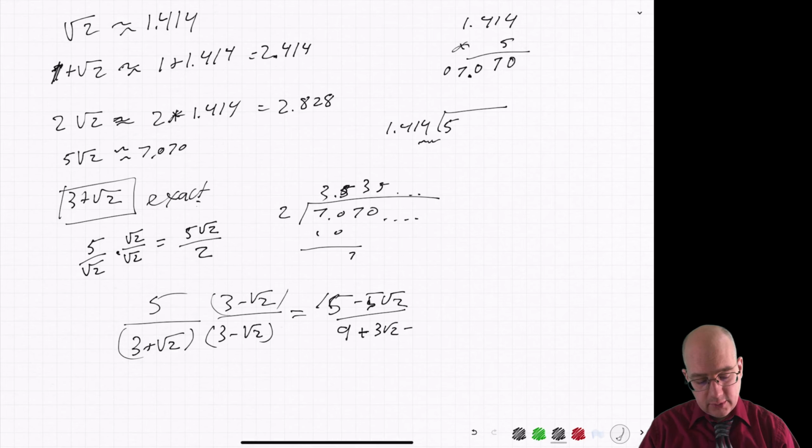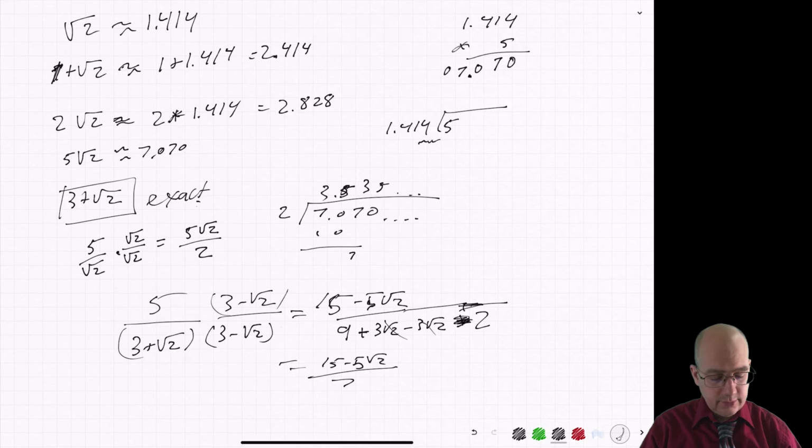You have the square root 2, but you also have minus that, and then minus 2, since square root 2 times square root 2 is 2. So these two cancel, and then you get 15 minus 5 root 2 divided by 7. And that's something that you can now do by hand if you wanted to.